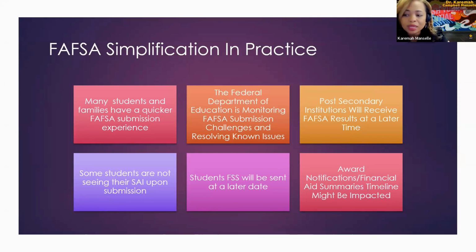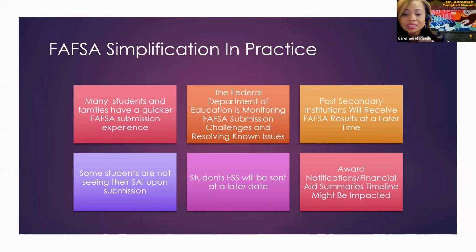And so there is a running list of various challenges that students and families may be experiencing as they are navigating FAFSA submissions. Also, at the post-secondary institutions, we will receive what we refer to as the ISIR, the Institutional Student Information Record, which is our output of the information provided on the FAFSA that we utilize to determine a student's financial aid package, that we utilize to determine students' eligibility, that we utilize to know that student's eligibility for federally funded student aid.